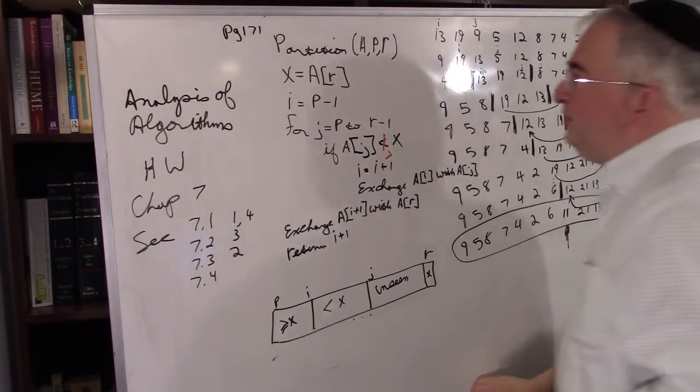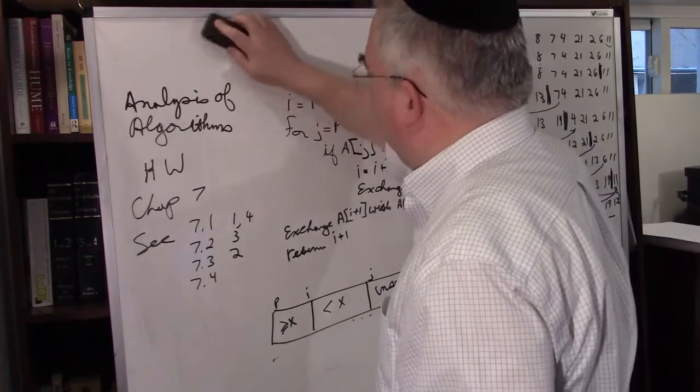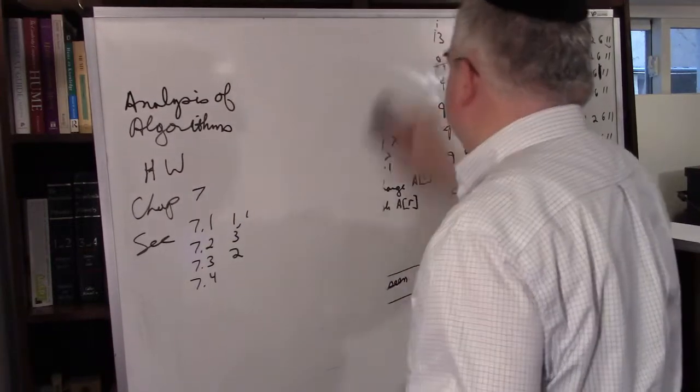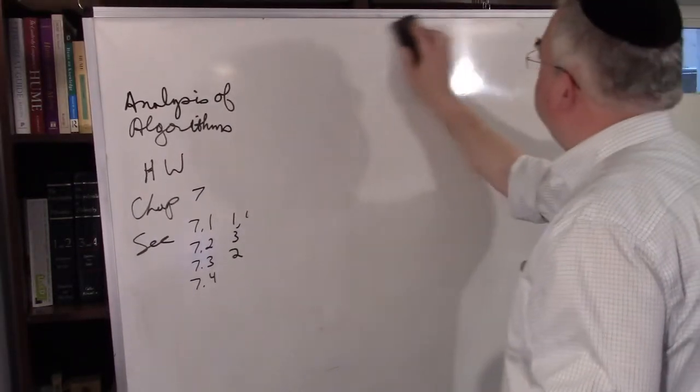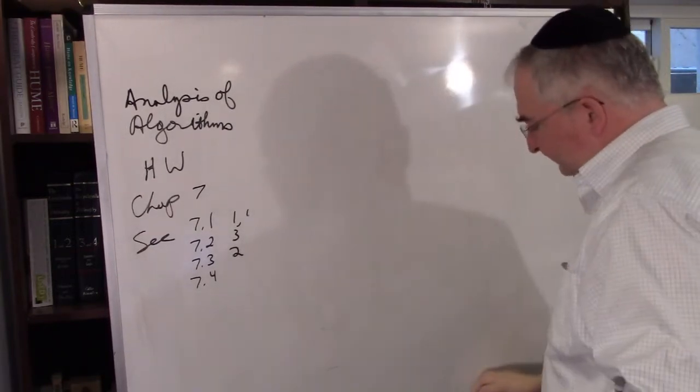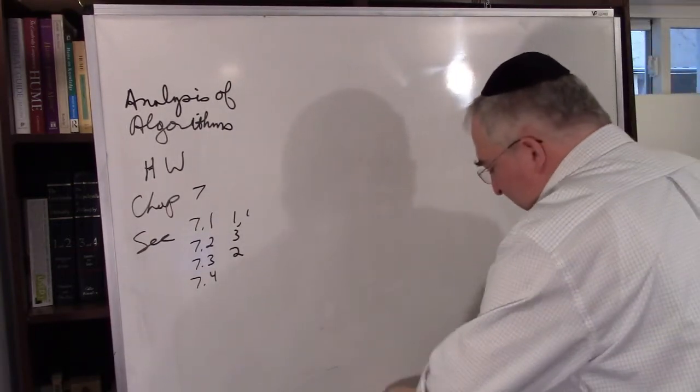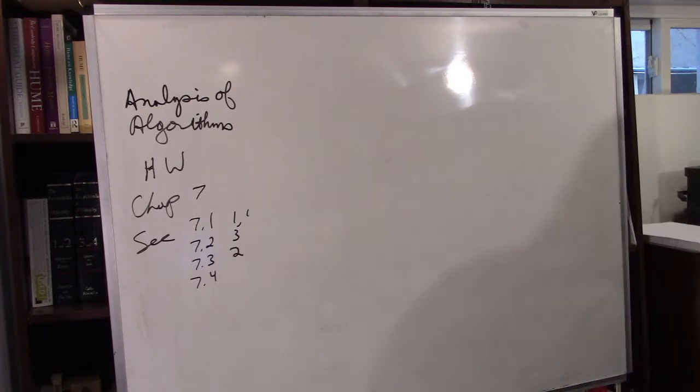So let me just explain to you why that's true. This is section 7.2, number 3, when the array A contains distinct elements and is sorted in decreasing order.